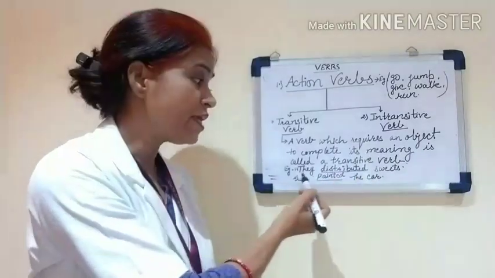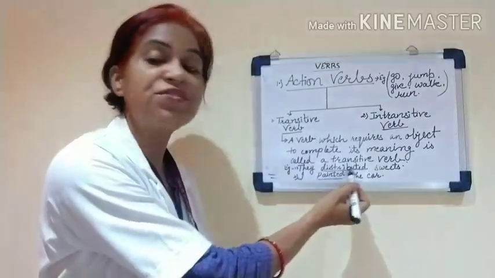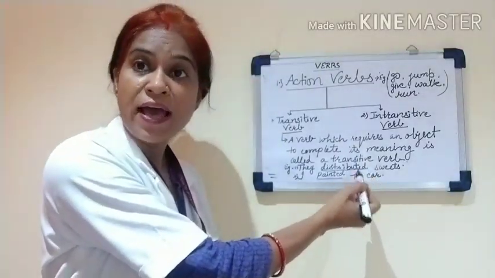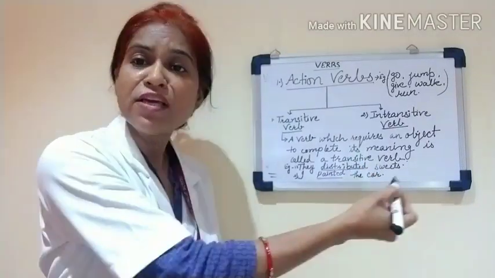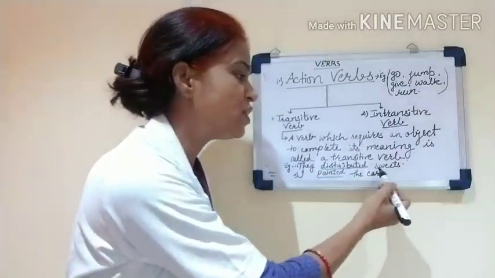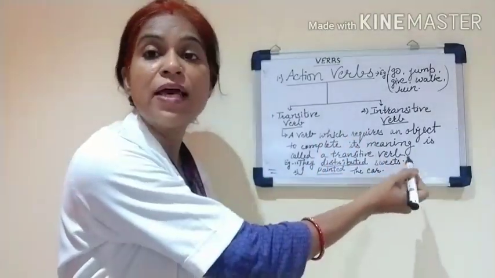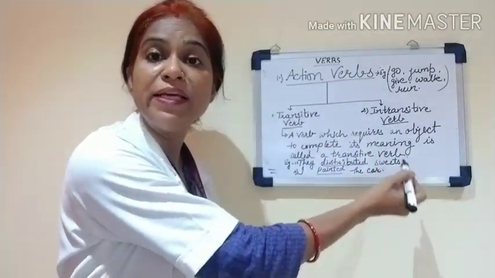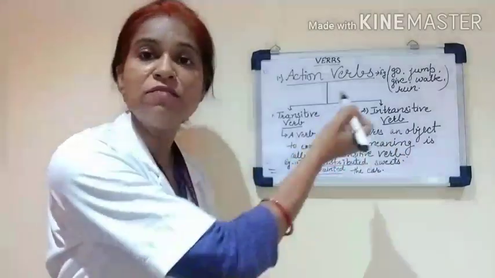The verb is distributed. And what is receiving the verb's action? Sweets. So this verb requires an object to complete a meaningful sentence. It means this is a transitive verb.